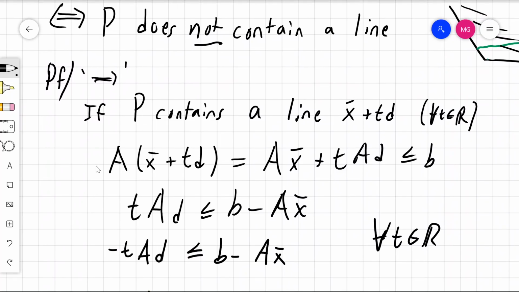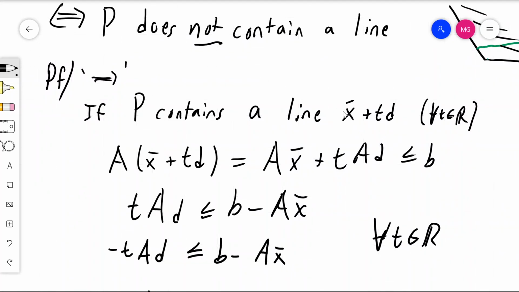Say the line is x bar plus td, where x bar is some point in the polyhedron, and we're traveling in the direction d. And t is a scalar ranging over all real numbers, corresponding to the fact that a line goes infinitely far in both directions.